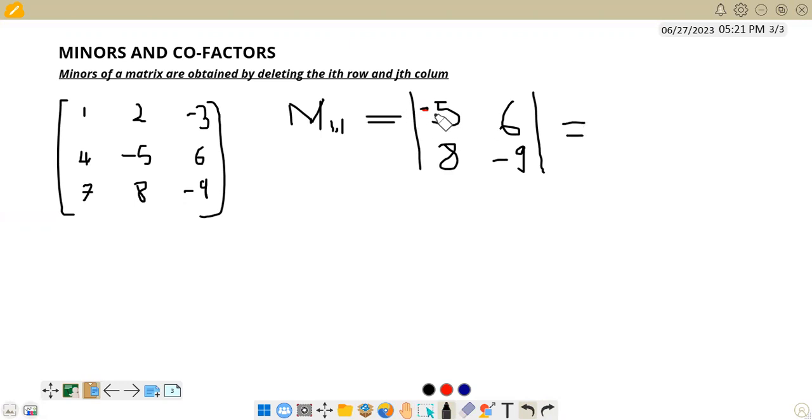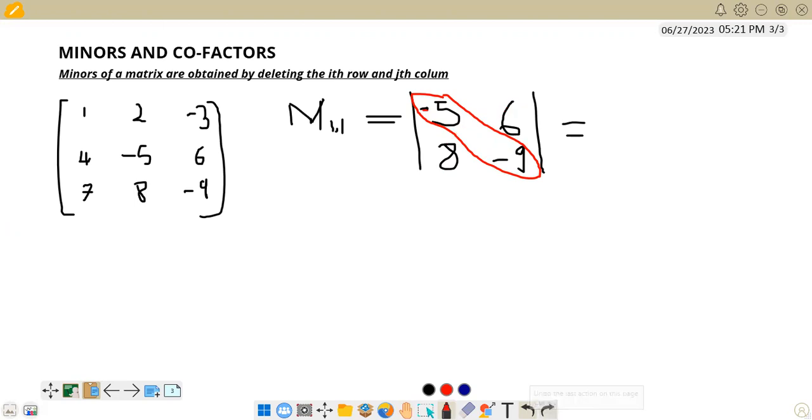After this, we know how to find the determinant of a matrix. As we already said, it's the result obtained by subtracting the product of the diagonals. We have -5 times -9 minus 8 times 6.